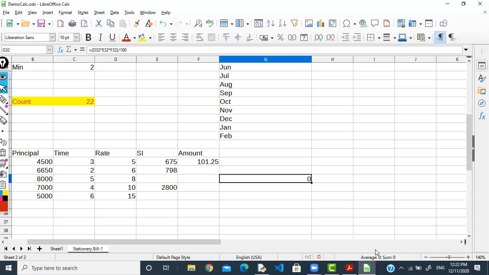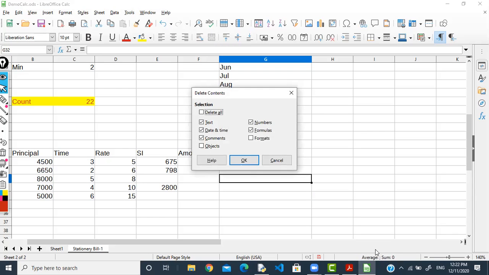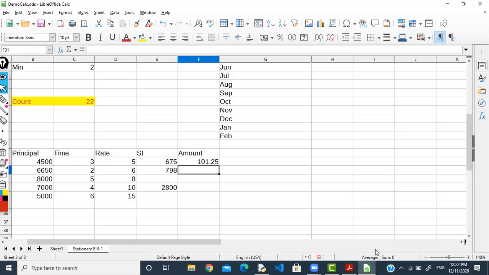Now I'm going to delete this formula, and I'm going to delete this formula also. Okay. And now what I'm doing, I'm going to write here equal to B, and I'm putting the dollar sign here. $30 means I'm going to make the row number constant.